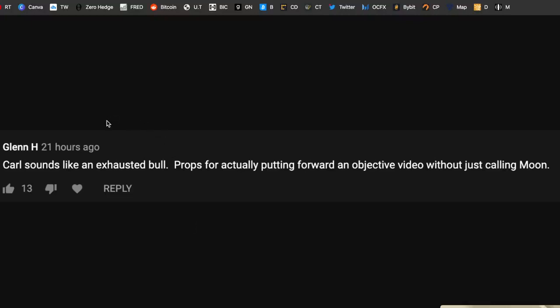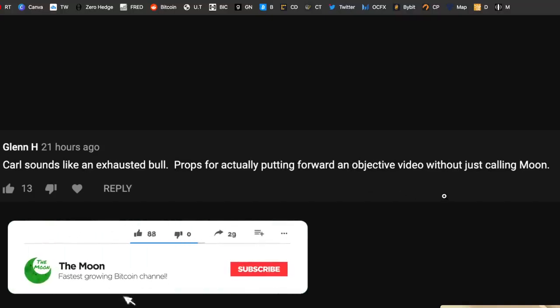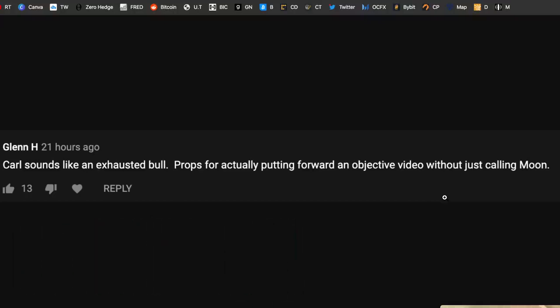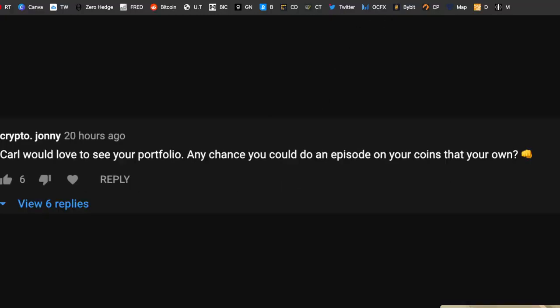Some people call me a perma bull and some people call me a perma bear. But just like you said, I'm just trying to be objective here, and I want to show you the bearish scenario, the bullish scenario, and if the price is looking bearish, then I will have to show you that. If the price is looking bullish, then of course I'm going to show you that. It's important to not be emotionally attached to one scenario.